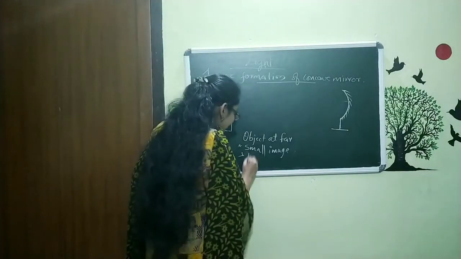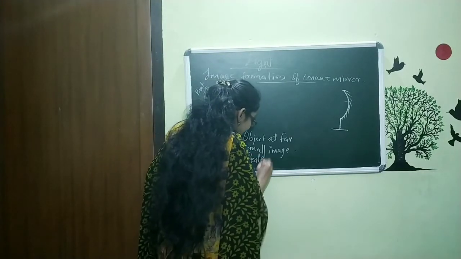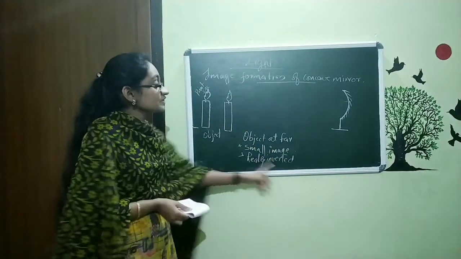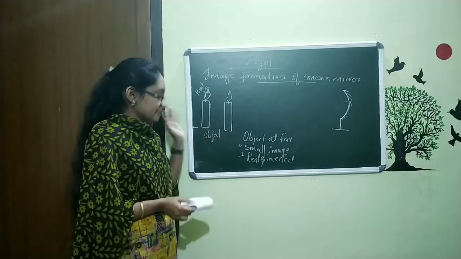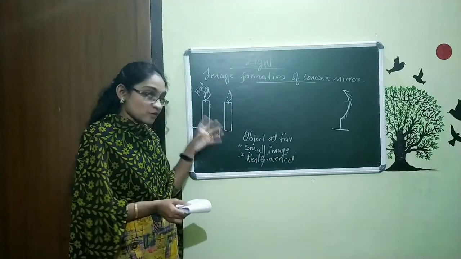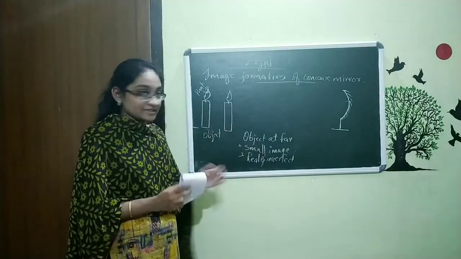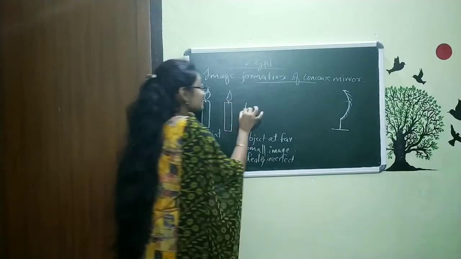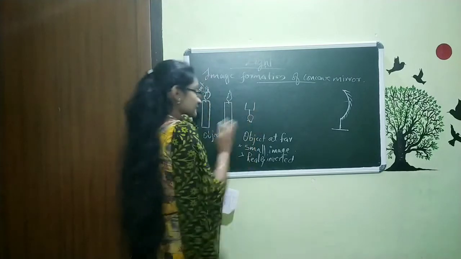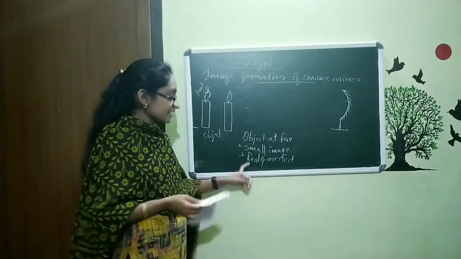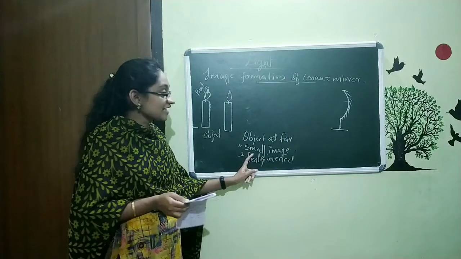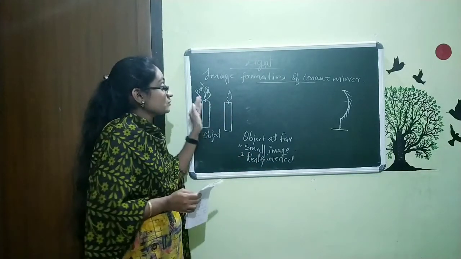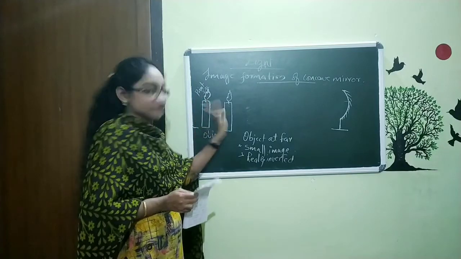Yes, it is real and inverted. That means these two things are the same for this and this. Real means we can focus it on the screen. And inverted means our object is this and we will get the image like this. So it is real and inverted, but the size is a little bigger than this. That is the only difference when we move this candle from this point to this.